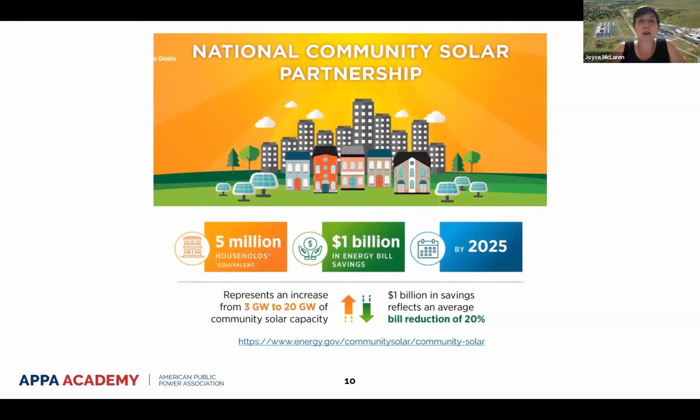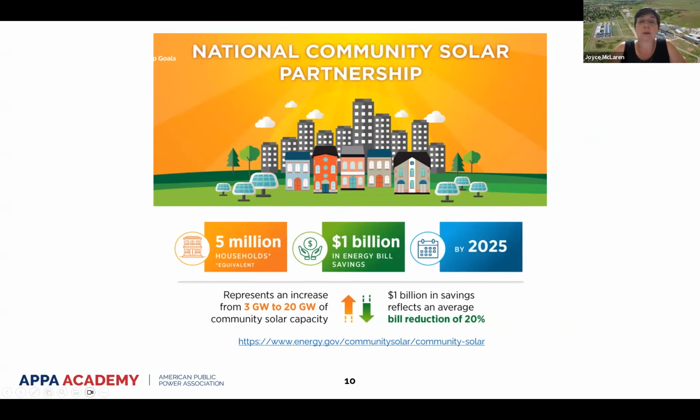I'll first tell you about the National Community Solar Partnership, which is a national group of stakeholders that have come together. To be a member of the National Community Solar Partnership, you just have to be interested in community solar. That's it. You just have to want to know more about community solar. It's free to join.